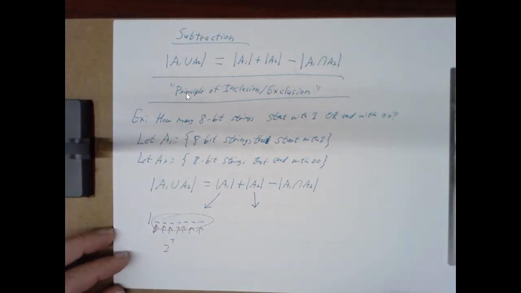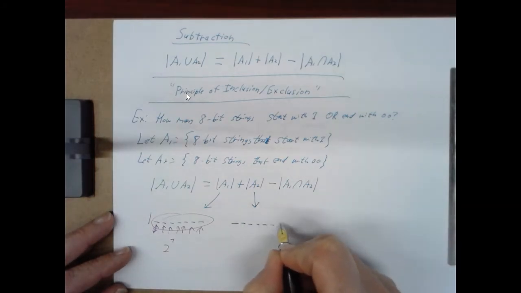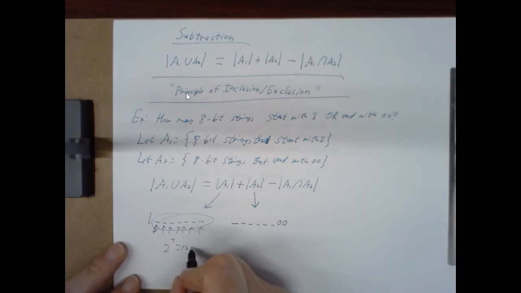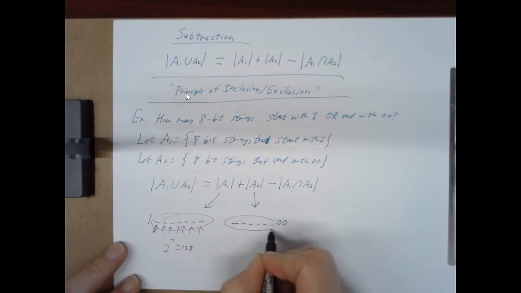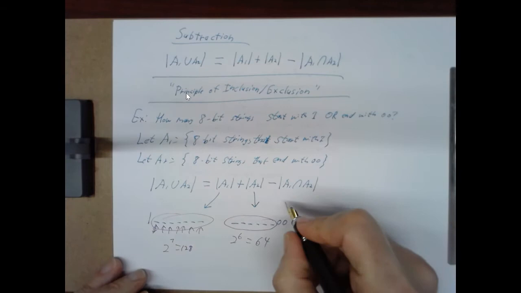Okay, A2 is a set of 8-bit strings that end with a 0, 0. These are strings that look like this. So how many such strings are possible? 2 to the 6th, good. Because we got 6 blanks to fill in. There's 2 to the 6th ways to do that, so there's 64. All right, what about the overlap?